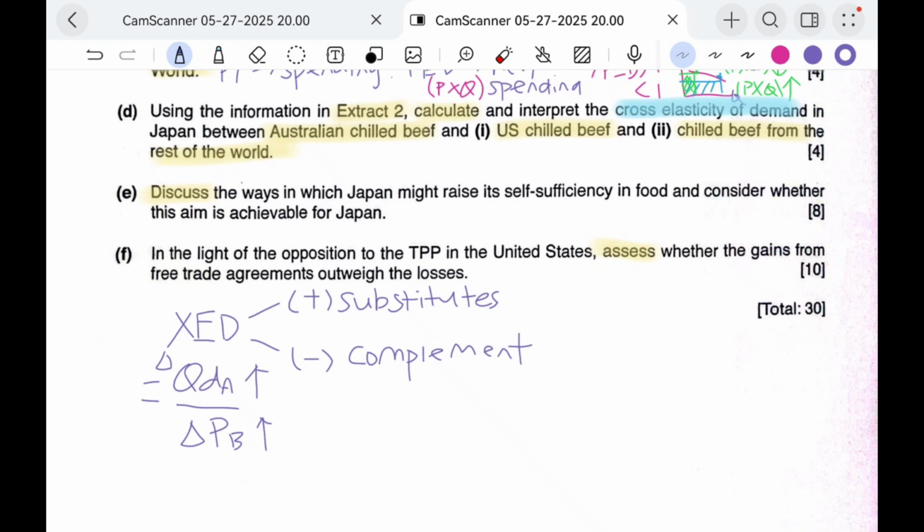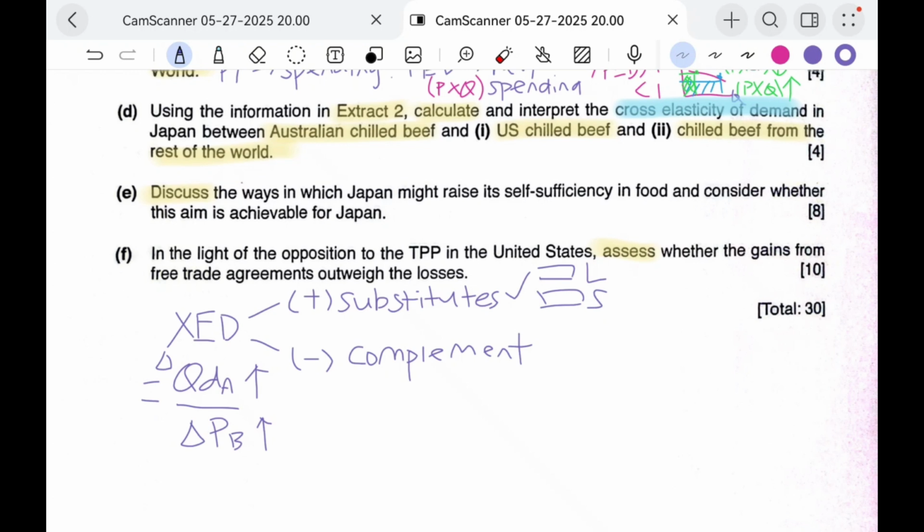It will be a bit strange if for a meal you want to eat beef, then half is Australian, half is US as a complement relationship. It is a bit weird. So I would think likely that you are looking at substitutes, but possibly having different magnitude. You could have a larger one, you can have a smaller one. I think we will see, but at least we know what to look out for.